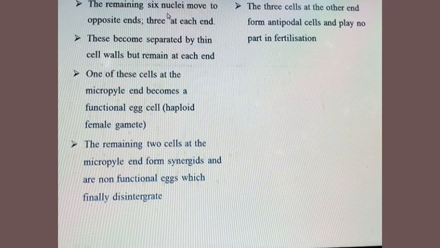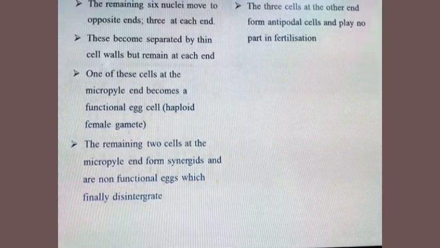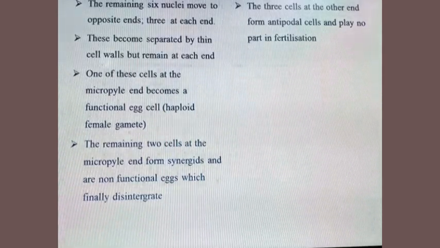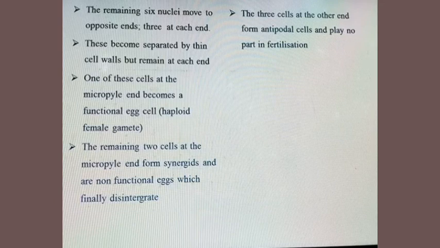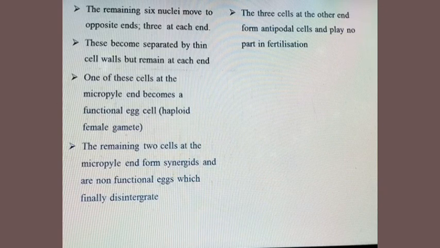The remaining 6 are going to migrate to opposite poles. 3 of the 6 separate at each pole of the embryo sac, and these become separated by thin cell walls but remain at each end. Each end will have 3 cells, each separated by a thin cell wall.